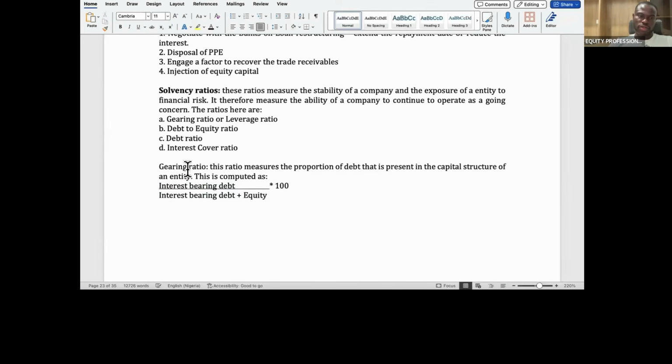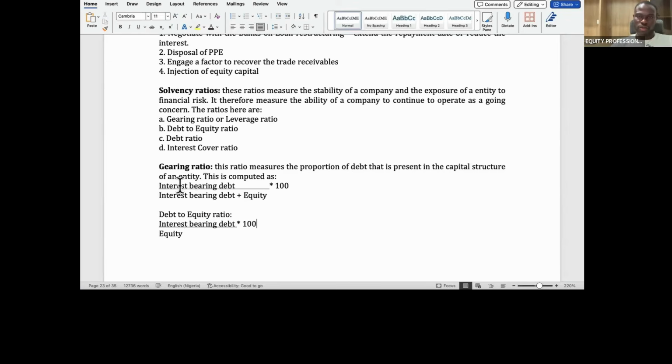Your gearing ratio. They all measure the same thing, financial risk. Debt equity ratio is the same thing as gearing ratio, and it's just interest bearing debt all upon equity times 100.